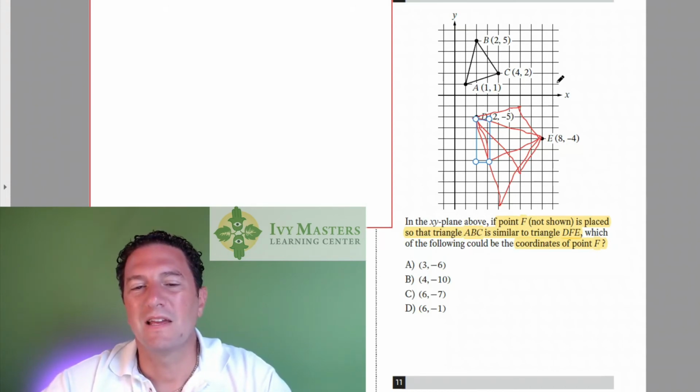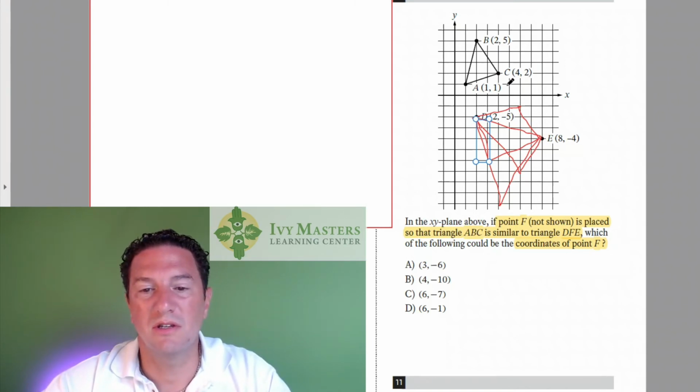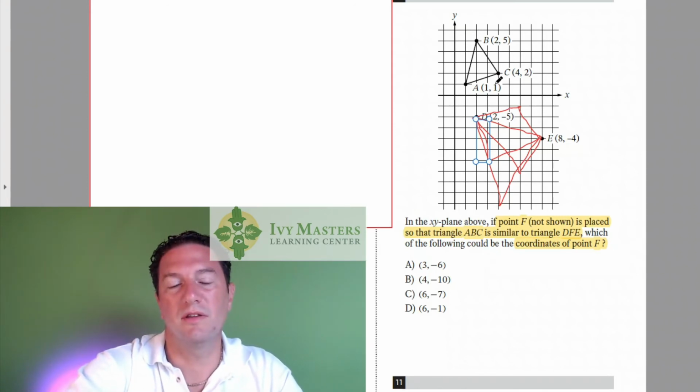Now, let's look. Here's our second option, which is something called scale factor with similar triangles. In other words, what you're trying to find is how many times bigger the big triangle is than the small triangle.